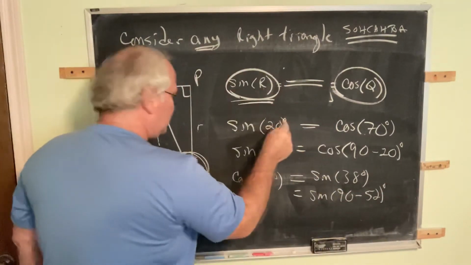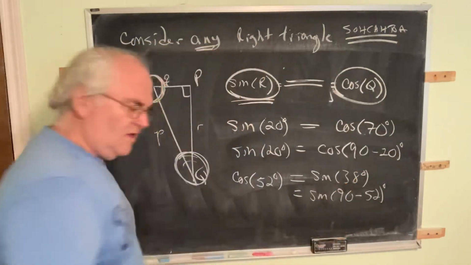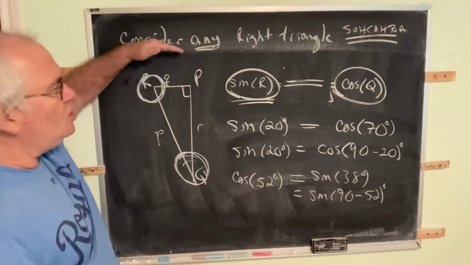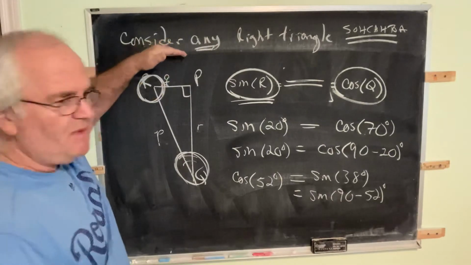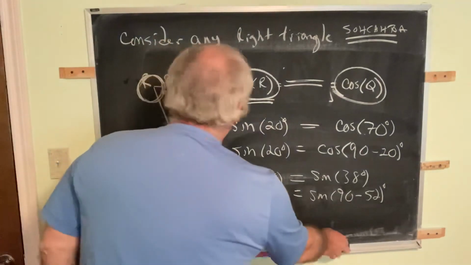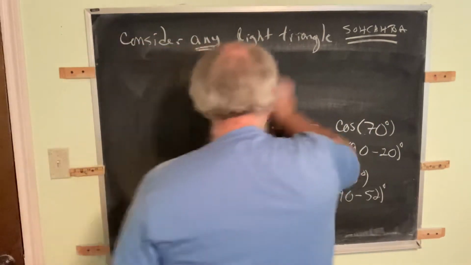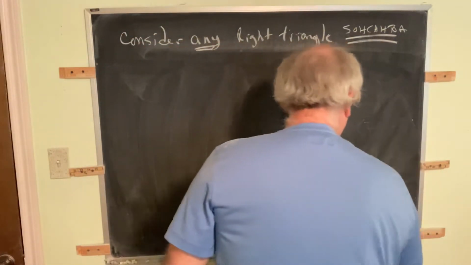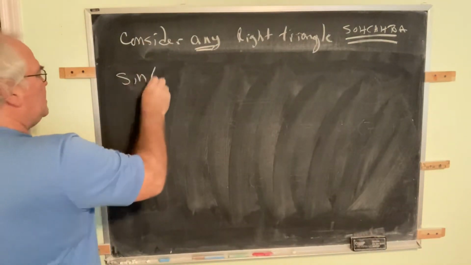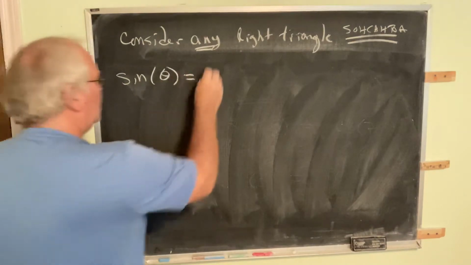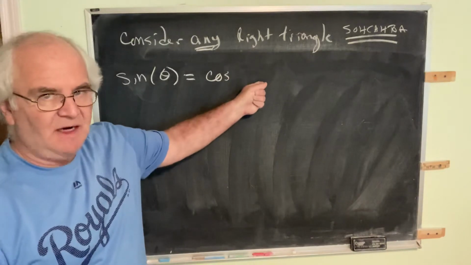There's nothing magic about 20. There's nothing magic about 52. There's nothing magic about 38. This works with any acute angle. It must be an acute angle, for our purposes. So we generate these properties. Sine of theta is equal to cosine of, when this was 20, we needed 90 minus 20.